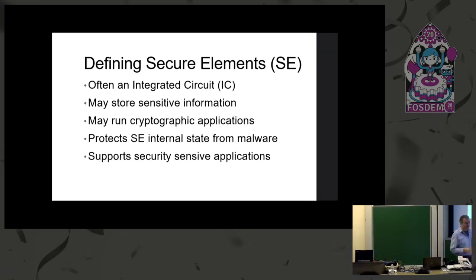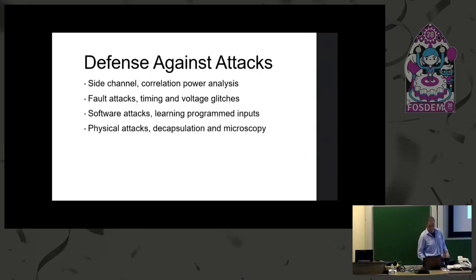So what they usually all do is they protect the internal state from things happening outside. The voltages, all of these things are controlled more or less. So that's kind of our definition.